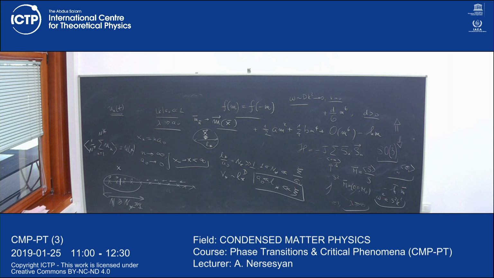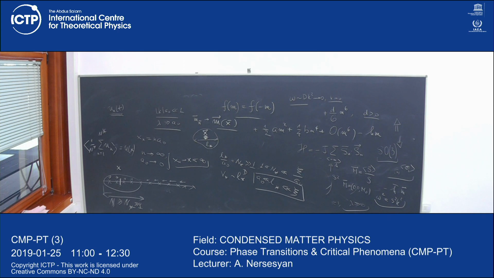And then my magnetic moment, or magnetization, becomes a local function of this x, such that I cannot ask the question what happens at distances of the order of a naught. This information is lost once and forever. But I can ask what happens at distances comparable to psi, the correlation length. That makes sense.